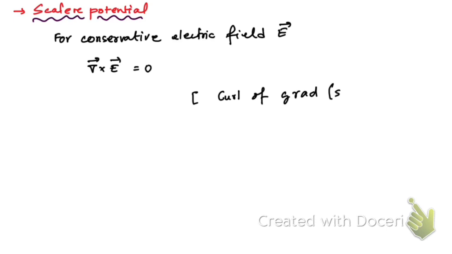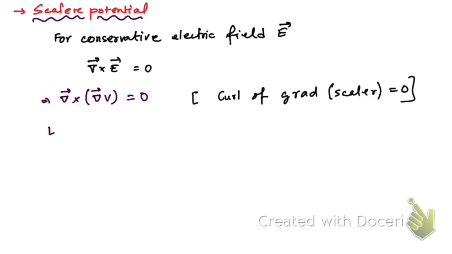of a scalar quantity is equal to 0. As we have 0 here, we can express this as the curl of the gradient of some scalar. Let that scalar be V, equal to 0.